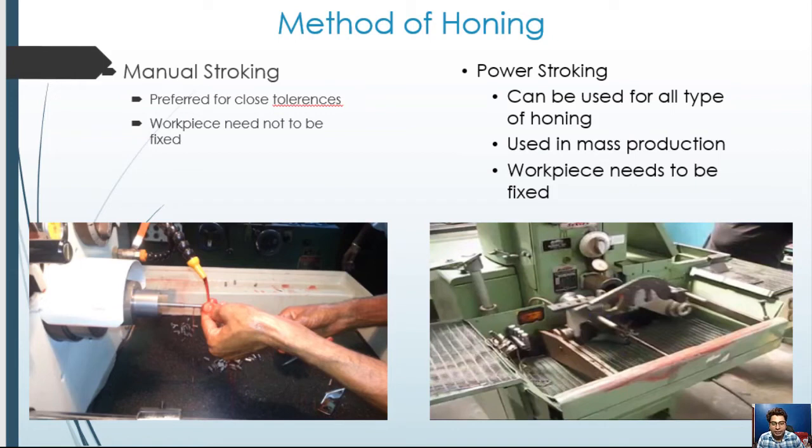Experienced staff will be able to perform the stroking without proper jigs and fixtures, or by holding the workpiece in their hands. Let us see an example of the manual stroking method.